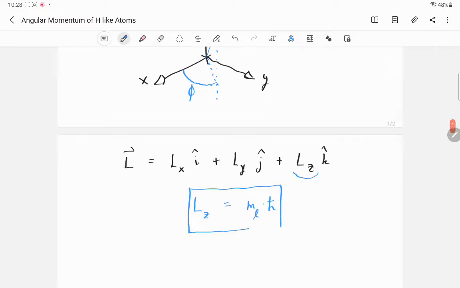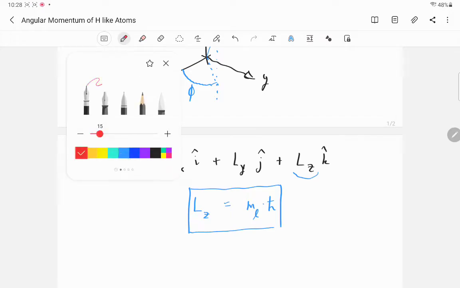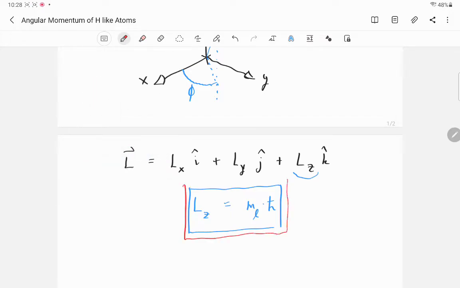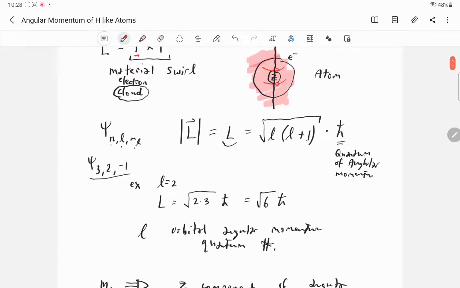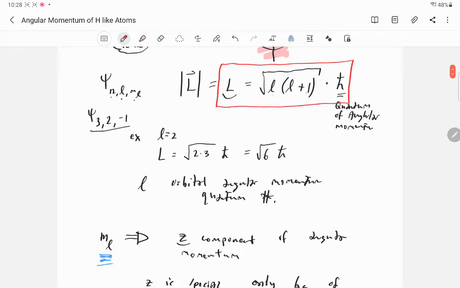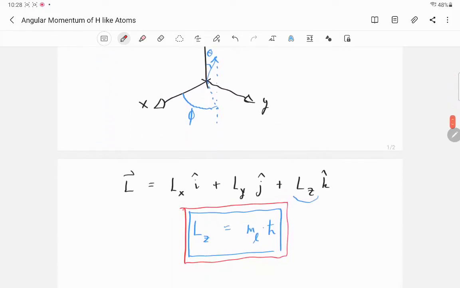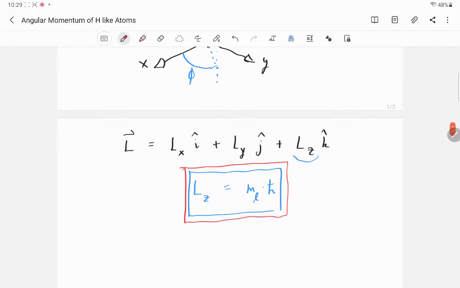So this is an important relationship. Actually, let me put it in red. I'll box it in red, and I'll box this one in red as well. So in terms of quantum number lowercase l, I understand the total amount of orbital angular momentum, but I do not know its direction. But here is a slightly directional piece of information.